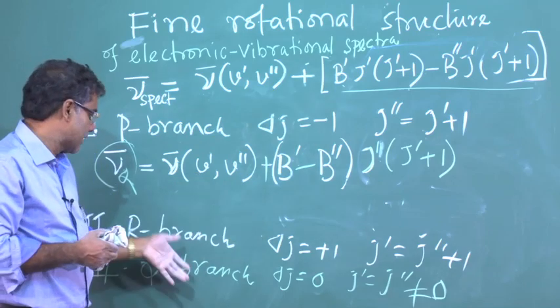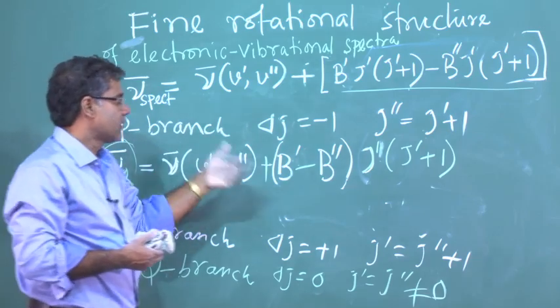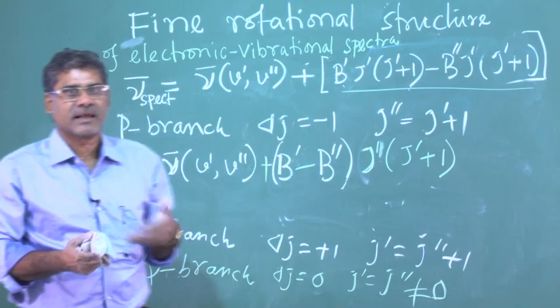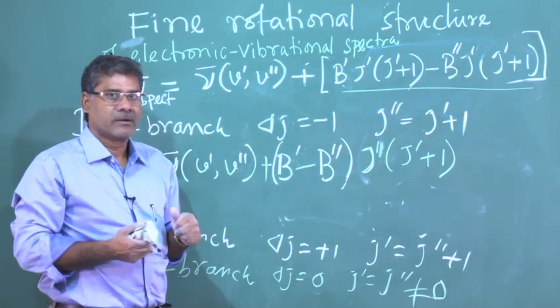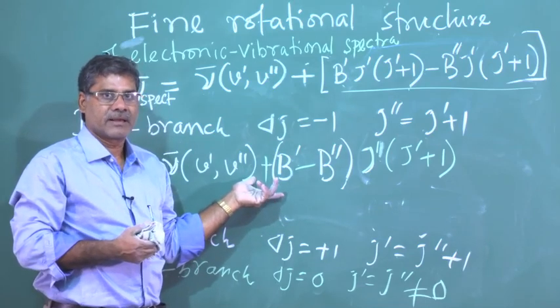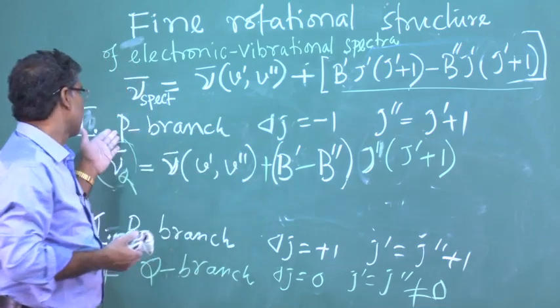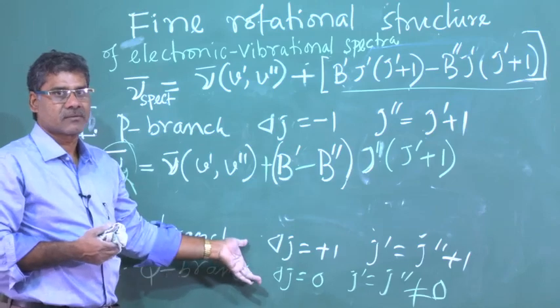Whether you will get the Q branch or not depends on the situation, and this kind of transition rule is valid only in the case of electronic transitions, whereas in pure rotation we have seen you only get the P branch and R branch; Q branch is not possible.